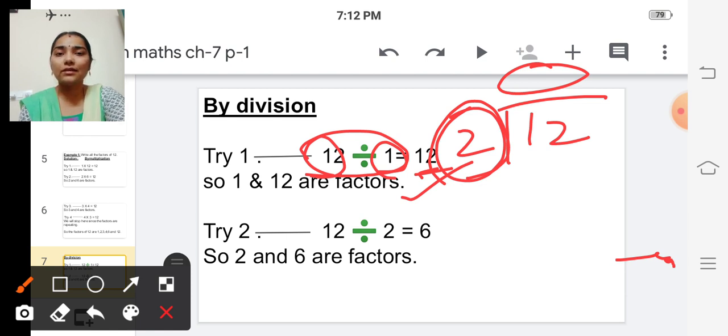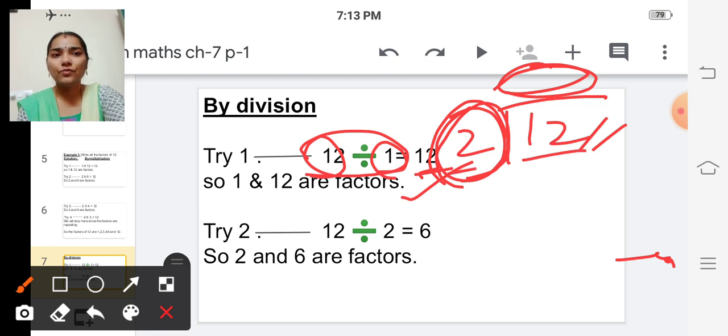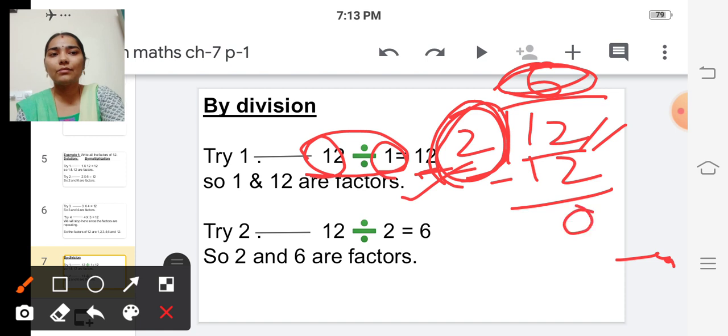If we get remainder as 0, then the quotient and the divisor are the factors of the dividend. So 12 divided by 2: 6 2s are 12 and we get remainder 0. So 6 and 2 are factors of 12.